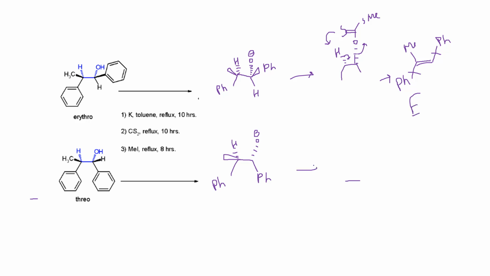Whereas in this case, in a similar manner, we will get a Z double bond, Z alkene. Okay. So from a specific stereochemistry of the substrate, from erythro we will always get E through this syn elimination, whereas from threo we will always get Z.